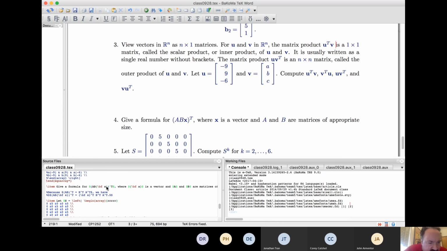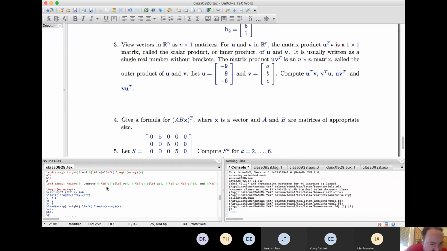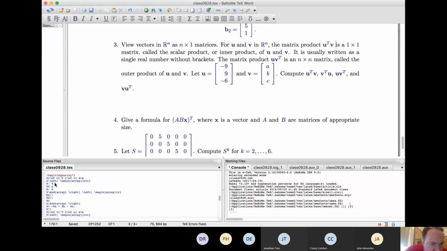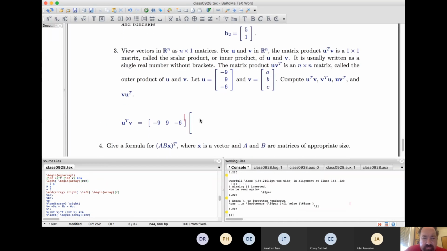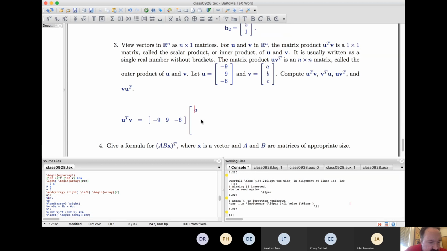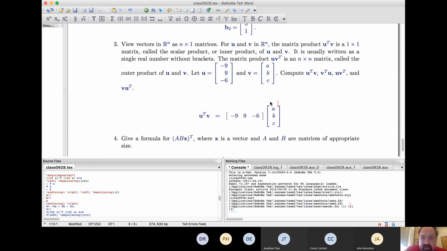All right. So first for u transpose v, I'll write out what that is. Here we have u transpose. So u was a column, now it's a row. And then we just have v as is.